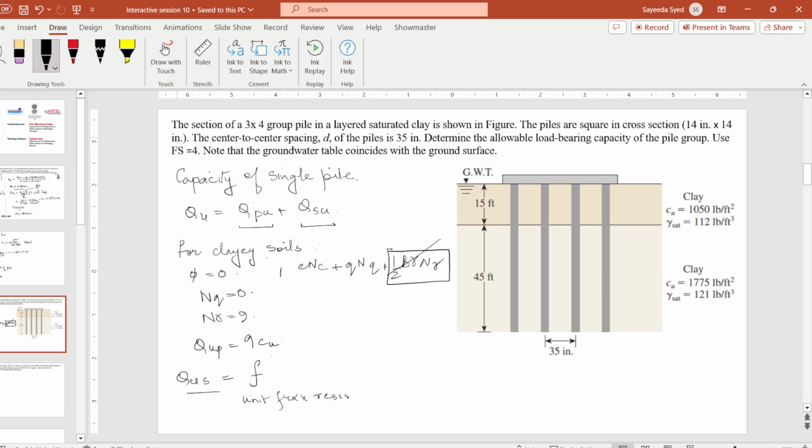So basically, this is the curved surface area or the surface area of the shaft.